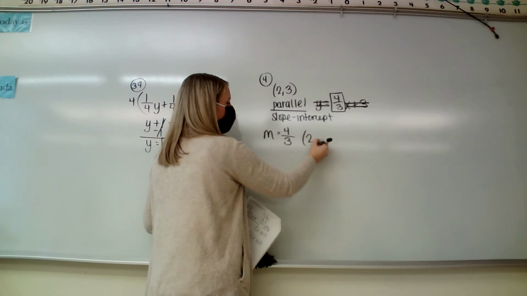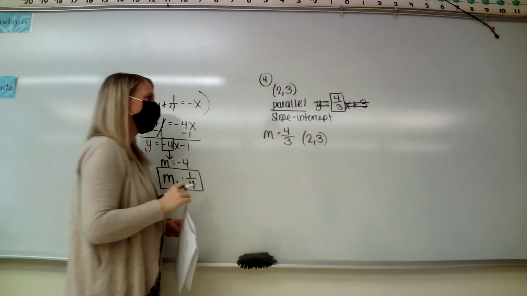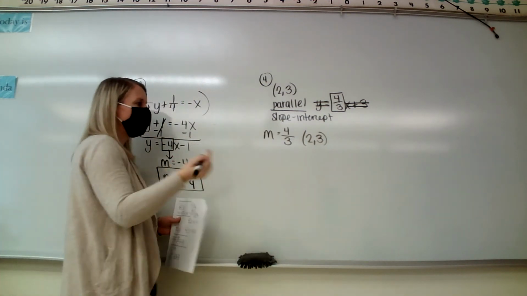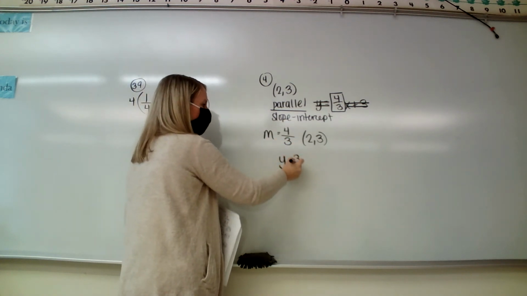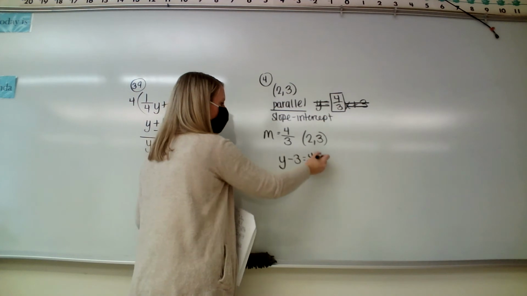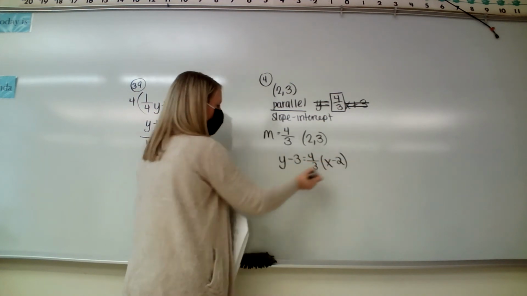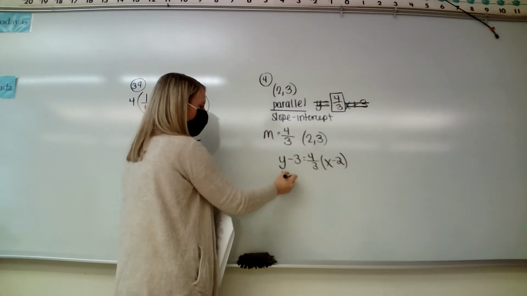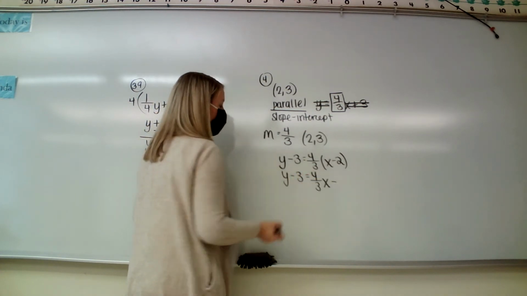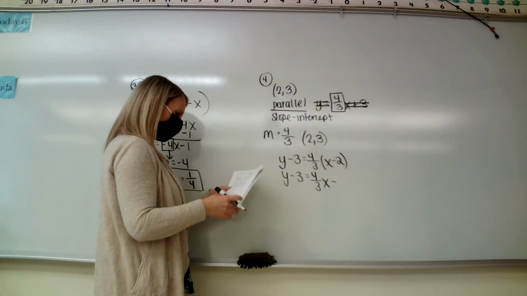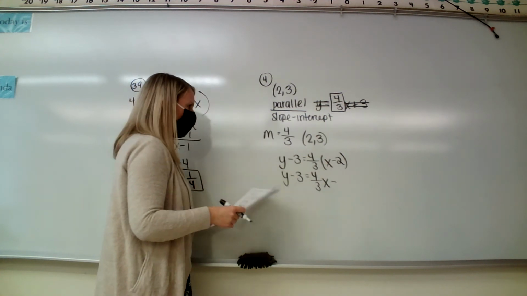I have the point (2,3). Slope intercept is y equals mx plus b. I'm a big point slope form fan since I have a point and a slope, so I'm just going to plug in what I know into point slope, and then rearrange it to get y by itself. If you're doing a different method, that's fine, but make sure your answers look the same. That's going to be a fraction, right?